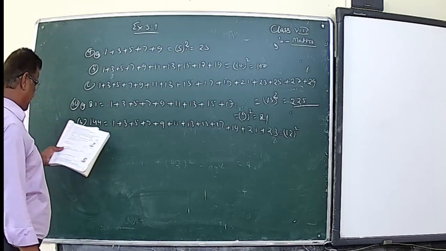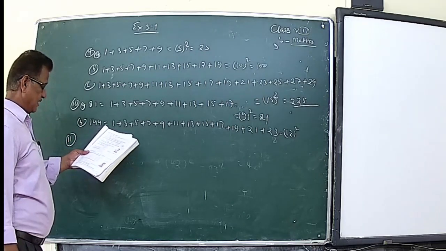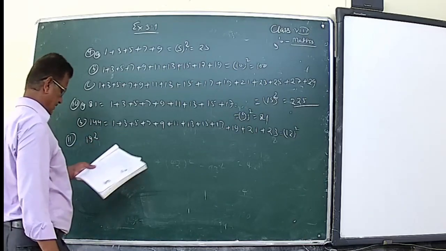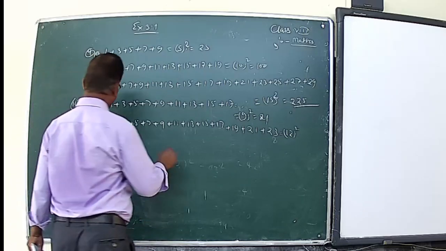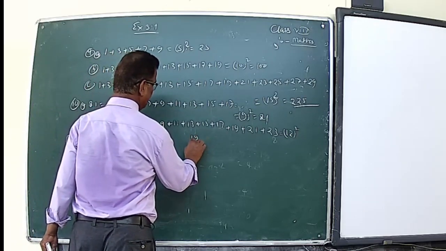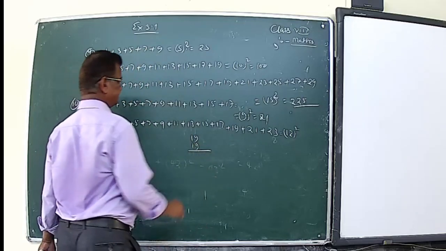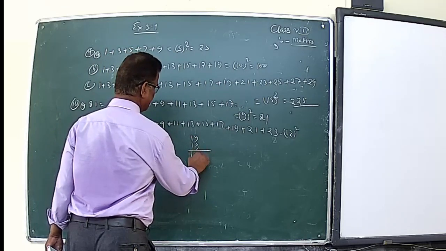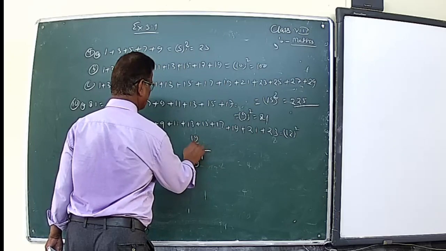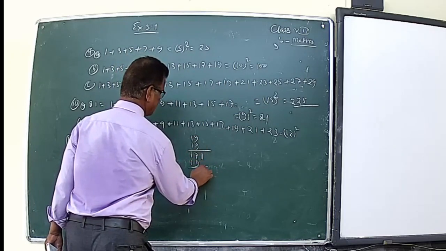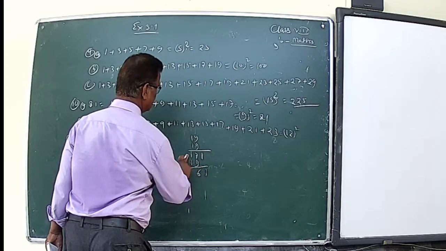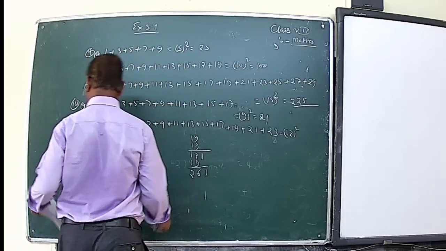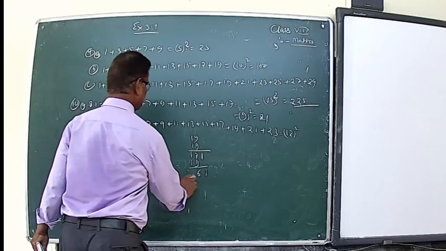Okay. Express the following numbers as the sum of two consecutive natural numbers. 19 whole square: 19 into 19 multiplied gives 361.